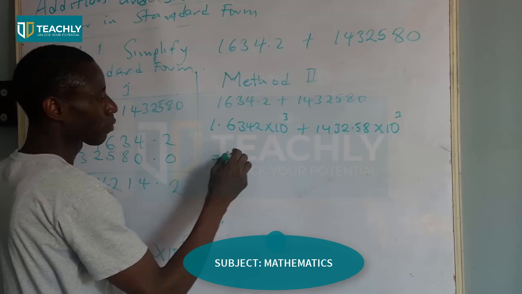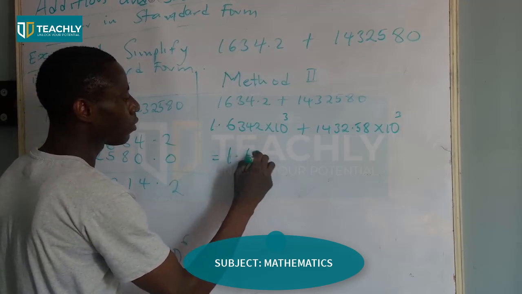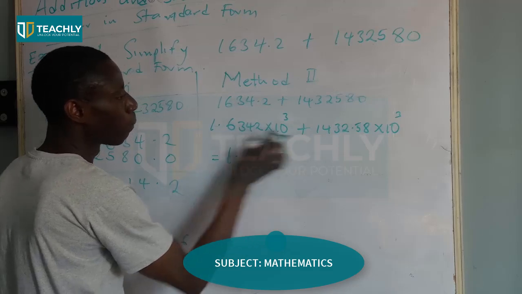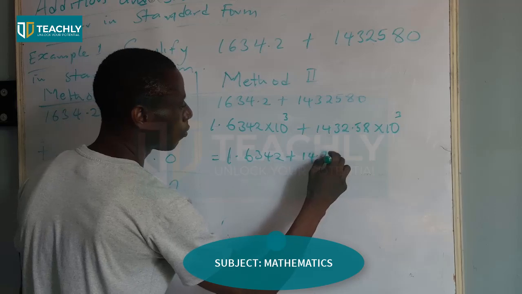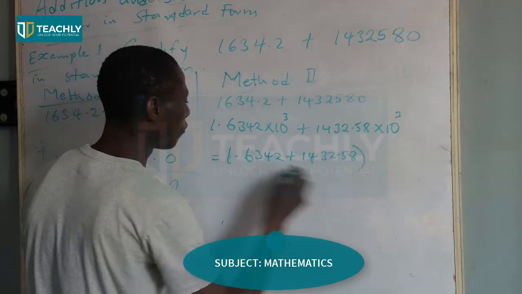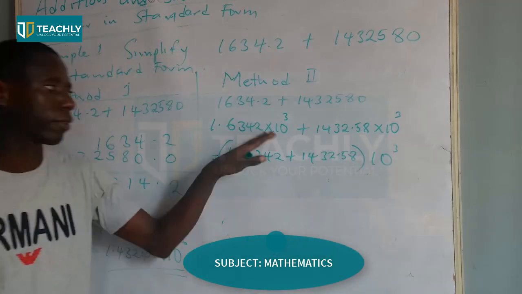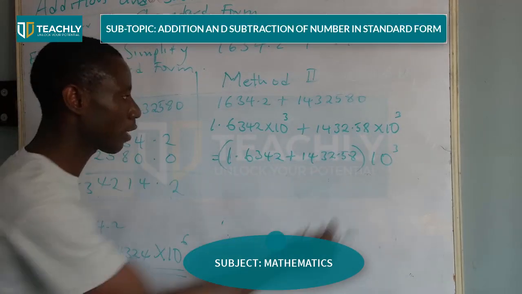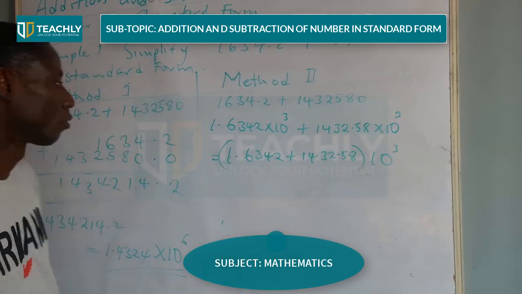You now have 1.6342 plus 1432.58, everything times 10 to the power 3. Why? Because 10 to the power 3 is common. I bring it out, and if I open the bracket it gives me this one back. So let us now add.